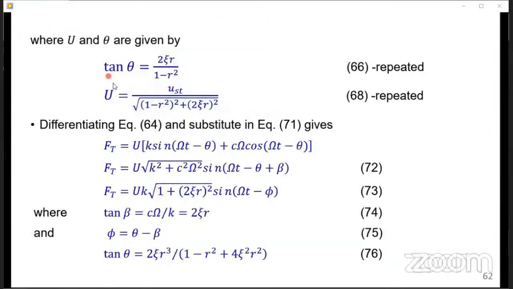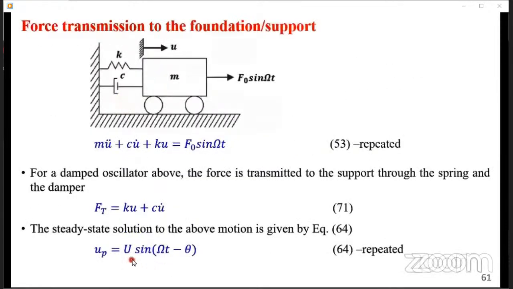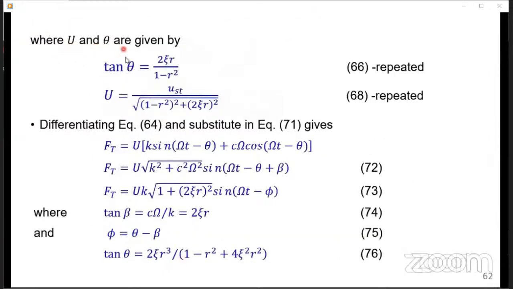Now, of course, remember how we used the polar coordinate to condense our equation, and we came up with theta and U. This is where we are able to get the amplitude of the steady state response in a simplified manner when you use the ratios. So all these equations are repeated.